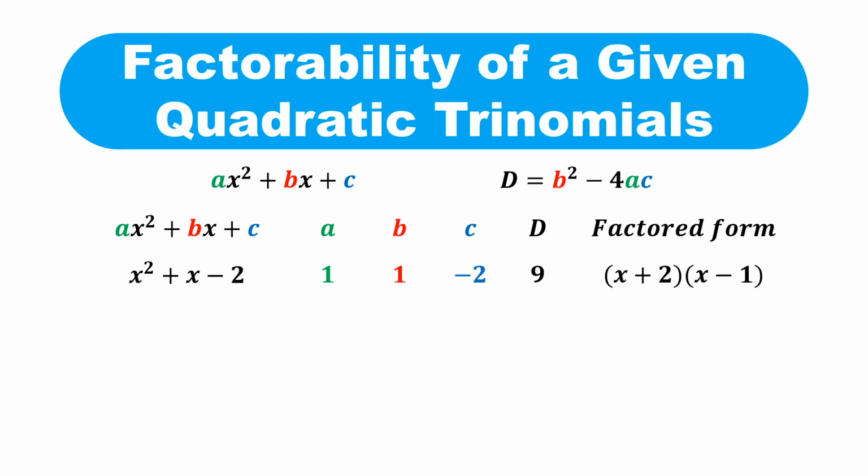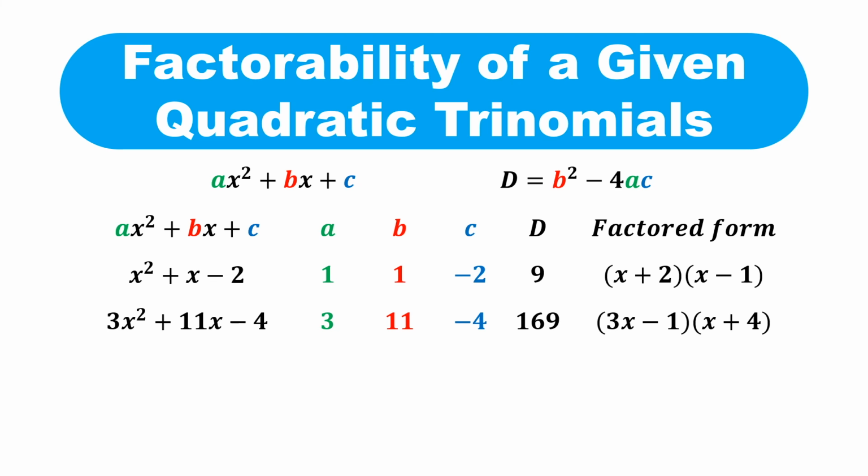Its computed d value is 9. Similarly, the factored form of the quadratic trinomial 3x squared plus 11x minus 4 is 3x minus 1 times x plus 4. Its computed value d is equal to 169. Both 9 and 169 are perfect square numbers.